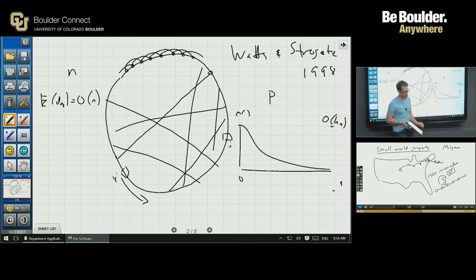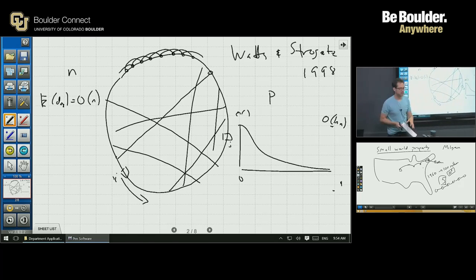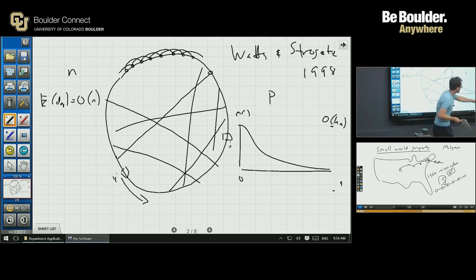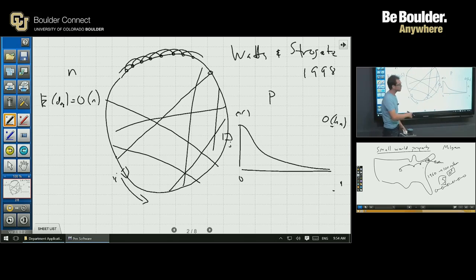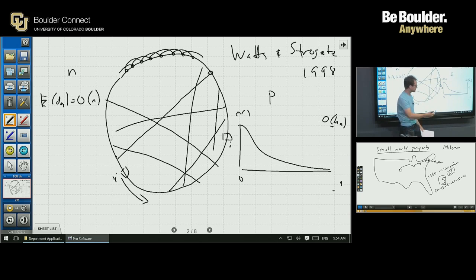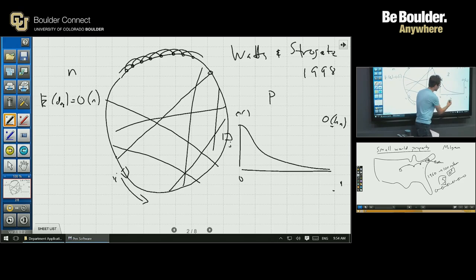So the question was, is it possible to have a network that has high clustering, lots of triangles, and short distances? We know that we can have short distances without triangles, and we can have triangles without short distances. That's the extreme, 0 and 1. So the Watts-Strogatz paper took this toy model, which is the first toy model we've seen in the class. It's very simple. It has one parameter. They asked, what's the average distance between a pair of vertices, and what's the clustering coefficient, the triangle density, for various points along this axis?